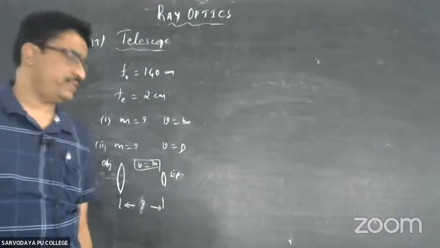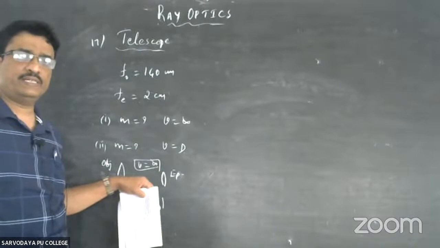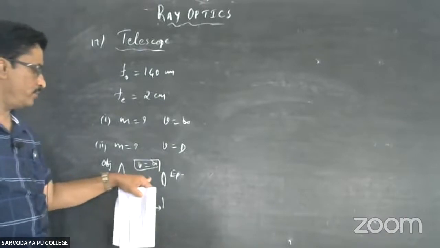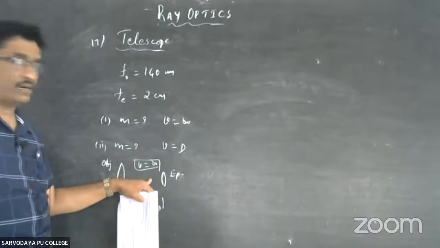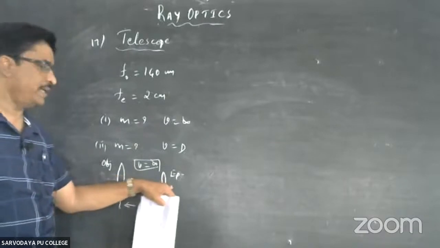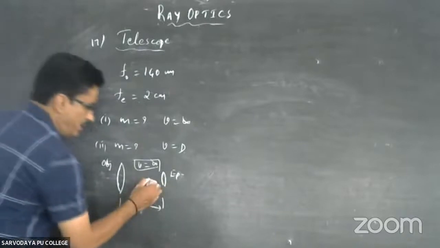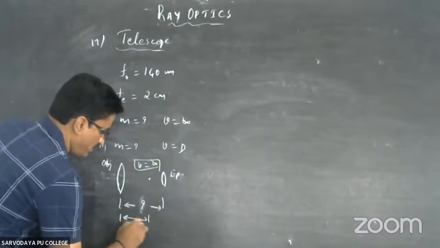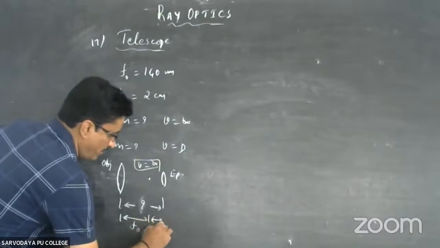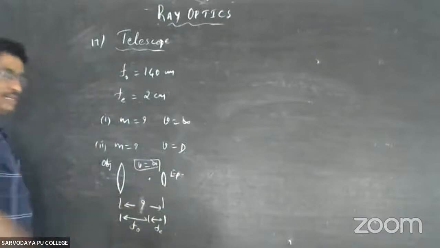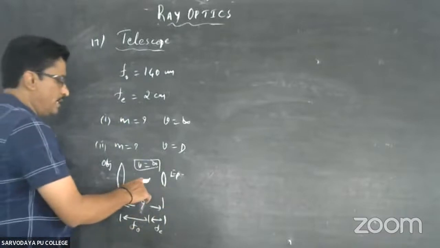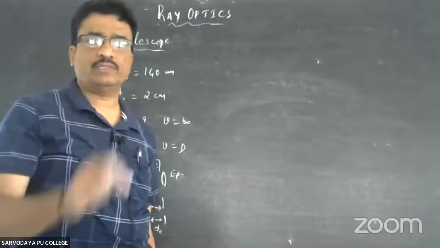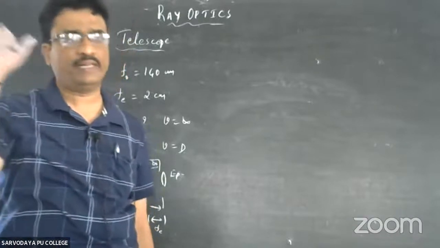One important thing is, in order to get the final image at infinity, the image formed by the objective has to be obtained at the principal focus of the eyepiece. If this is f0, this will be fe. Only when this condition is there is it possible to get the final image at infinity, because once an object is placed at the principal focus of a lens, the final image will be at infinity.